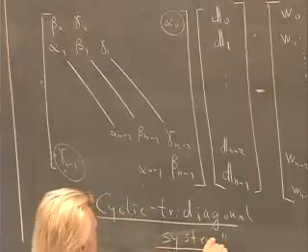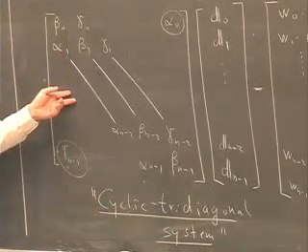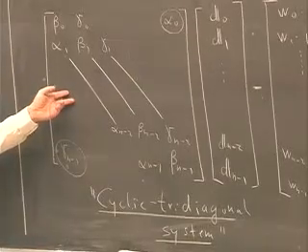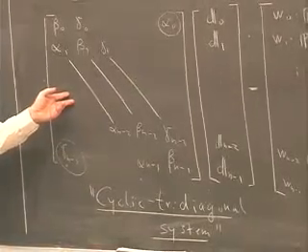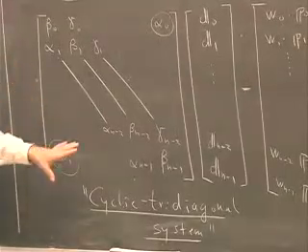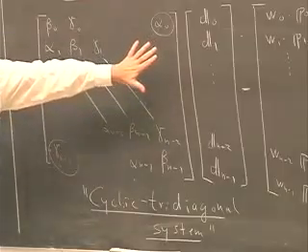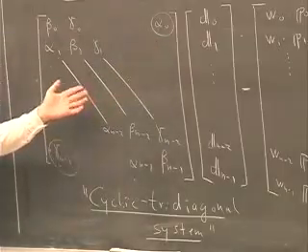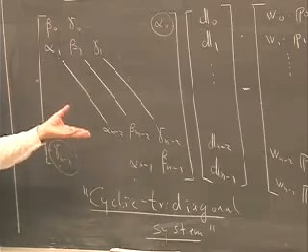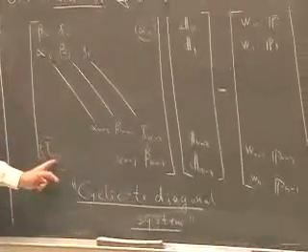Cyclic tridiagonal system. Now, can you run this system directly through your tridiagonal system solver? Directly, no, you can't, because the particular tridiagonal system solver I gave you expects that all of this is 0 and all of this is 0, right? So again, for this particular case, you have to do some additional standard Gaussian elimination steps to make sure that your entry is 0 there and your entry is 0 there, right?